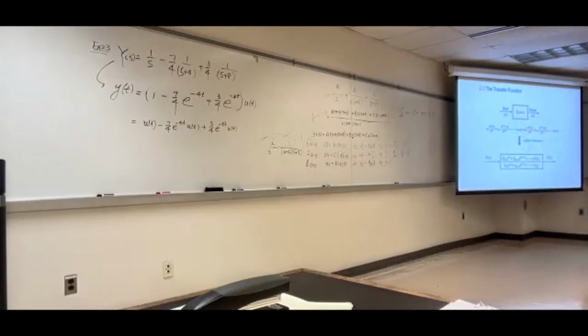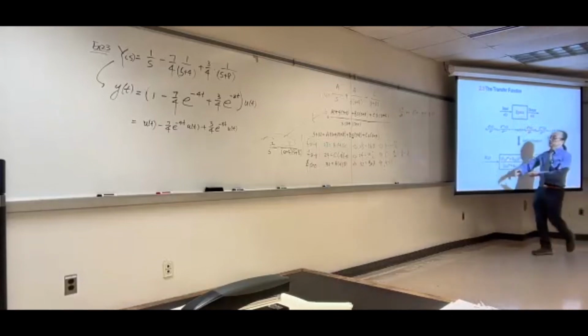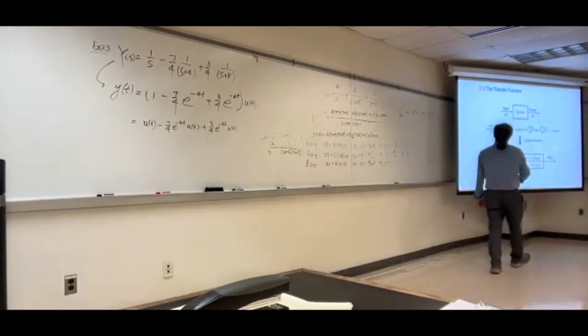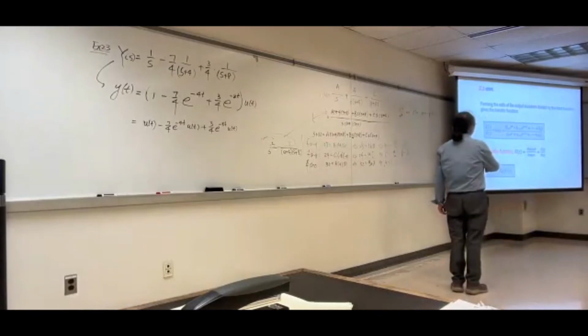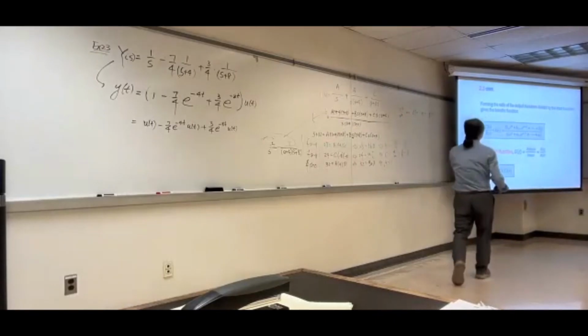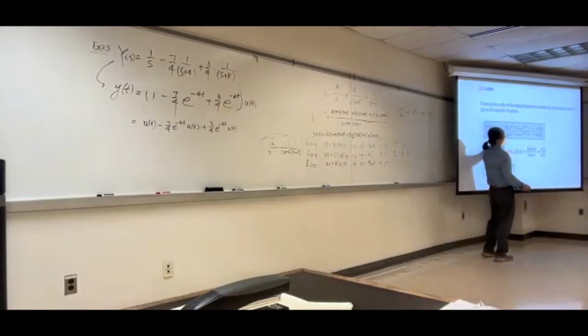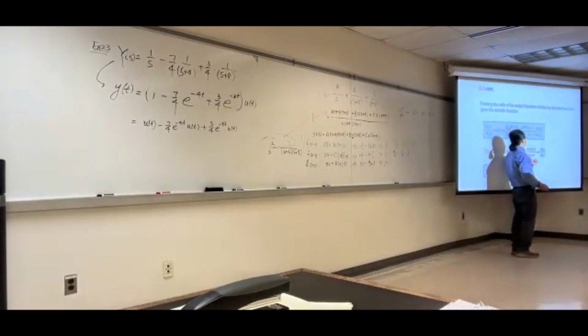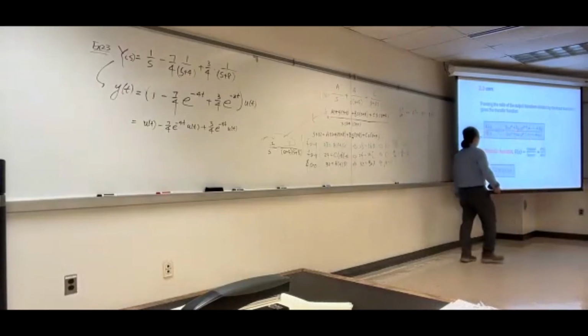So that transfer function in the middle box is going to be output over input. And we're going to call it G(s). So G(s) is the transfer function, and that's the output over input. Therefore, it's going to be C(s) over R(s).